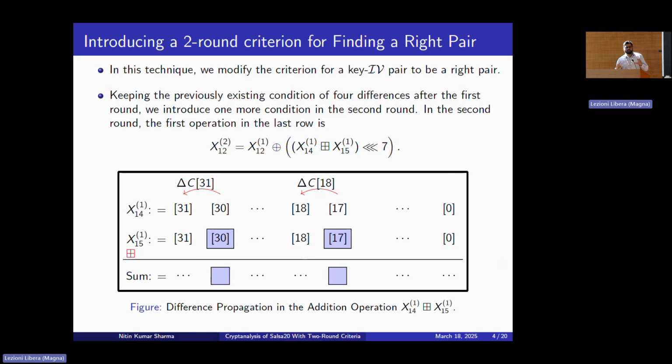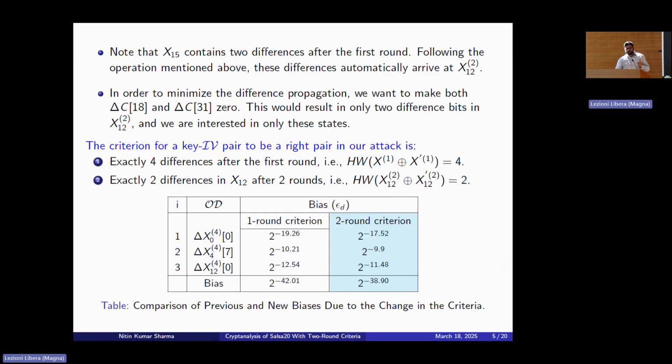We try to control the 2 differences, the difference in bits 7 and 30, so that only 2 differences go to X12. So the condition becomes 4 differences after 1 round and 2 differences in X12 after 2 rounds. We have increased the round and modified the key-IV pair finding criteria. That's the right pair idea.